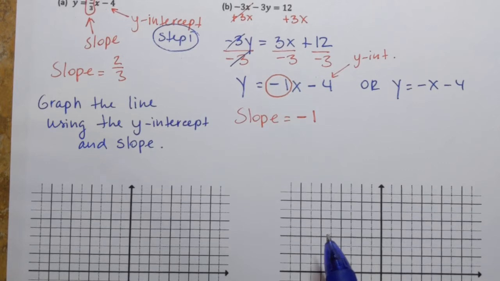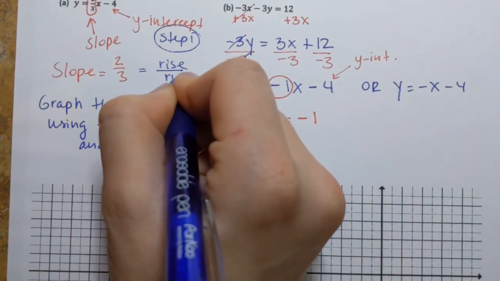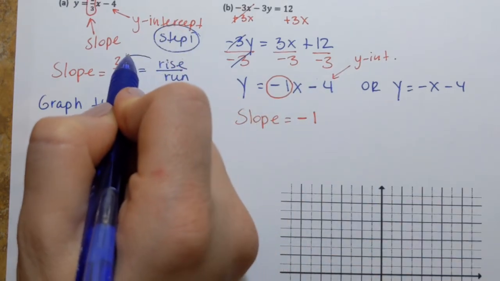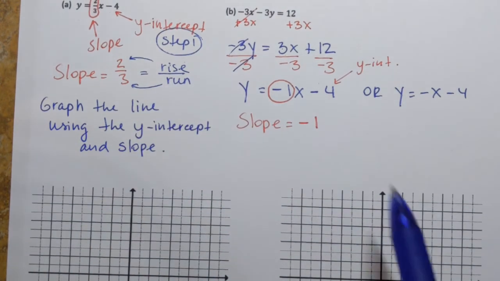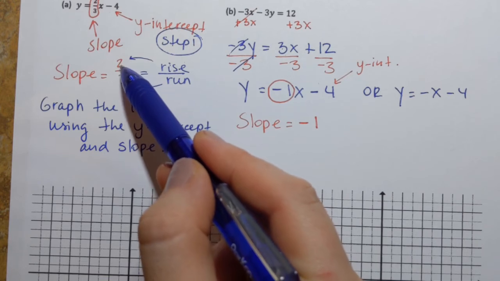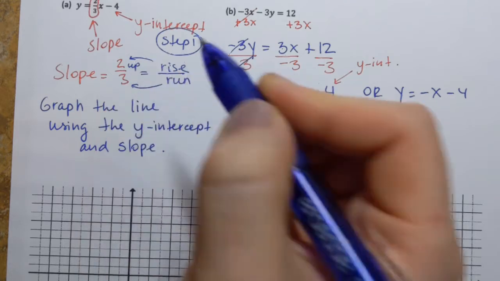I'll have to once again recall that this is rise over run, which means that rise corresponds to 2 and run corresponds to 3. So rise is always the vertical change, it's up or down, and I just have to look at the sign of that number. Since it's +2, I will have to go up 2 units.